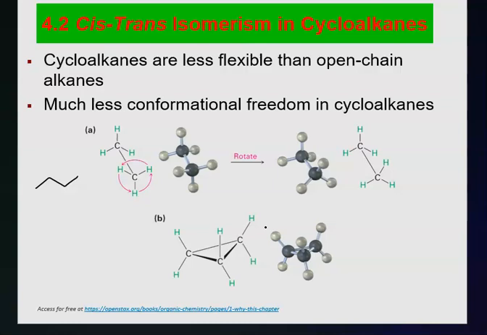Okay, but as the number of carbon atoms in the ring increases, the freedom of rotation increases. So for example, carbon rings which are 25 carbons or up are very floppy and they can almost behave as aliphatic alkanes.